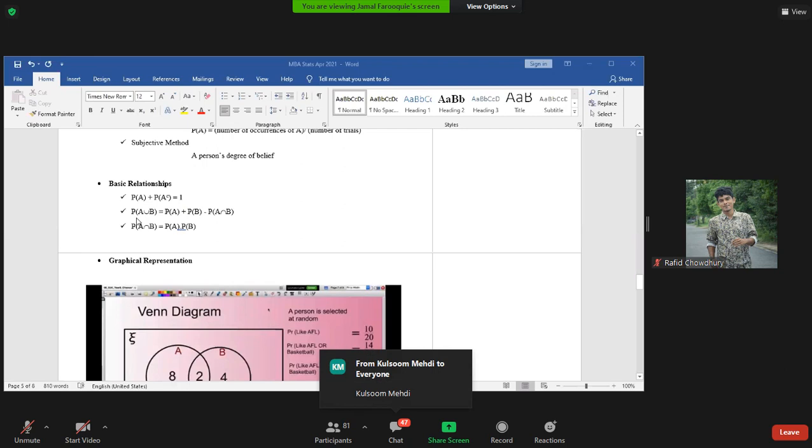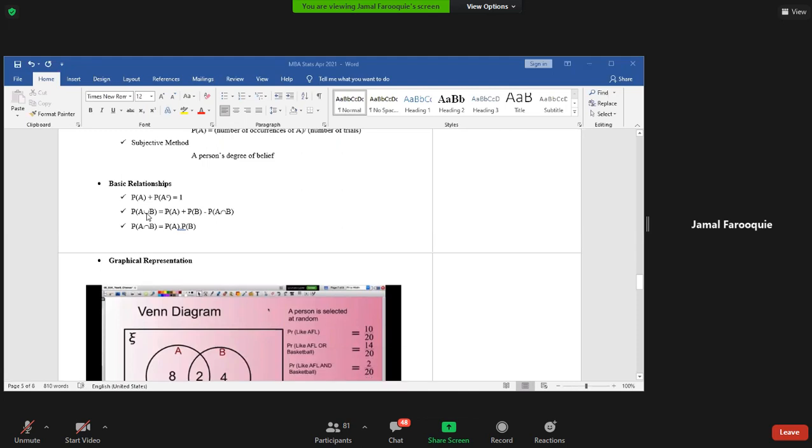And the second one is the probability of, now we are talking about two events A and B, this symbol, which is the union, inverted U shape, A union B. Its expansion is probability of A plus probability of B minus the third component on the right side, the probability of joint occurrence of A and B. The intersection symbol denotes that A and B are occurring together.